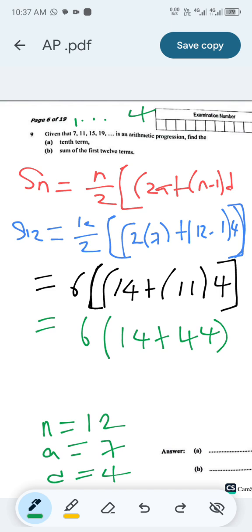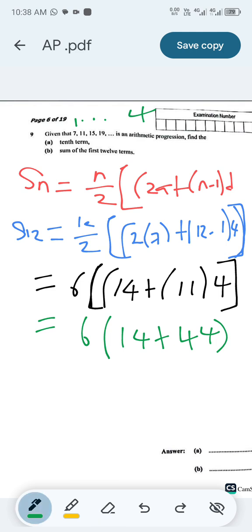So now let me write this down. We continue to express this. We are going to add 14 plus 44. So 4 plus 4, 8. 1 plus 4, that's basically 5. So now for us to find the sum of 12 terms, this is how we are going.